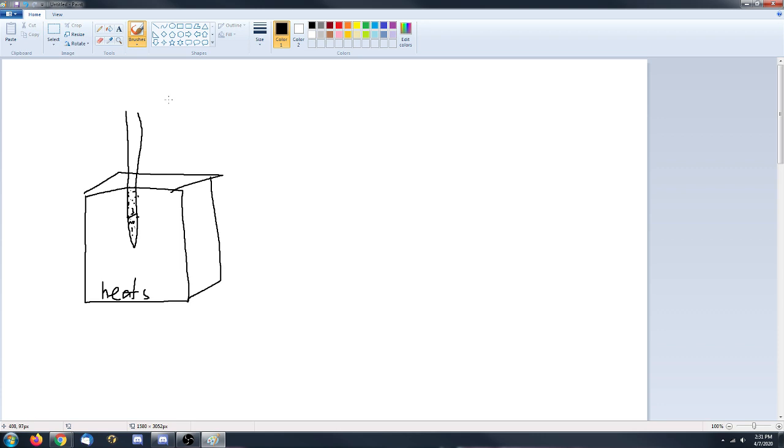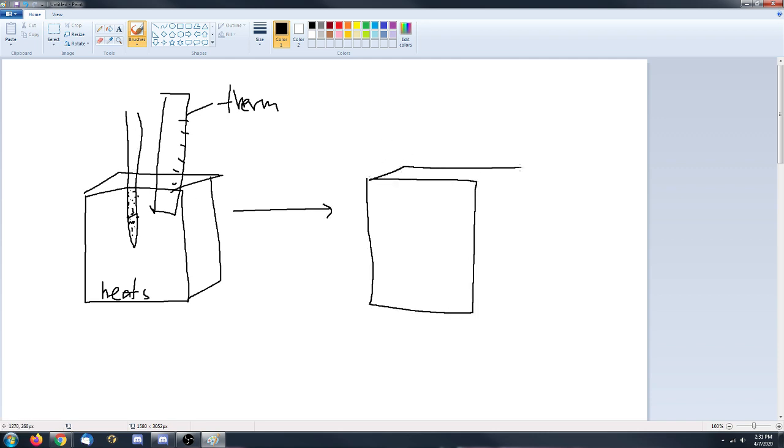And because we have a thermometer, we can tell the exact moment that this solid is going to melt, because we know that the solid, I don't know how to draw, is going to turn into a liquid.